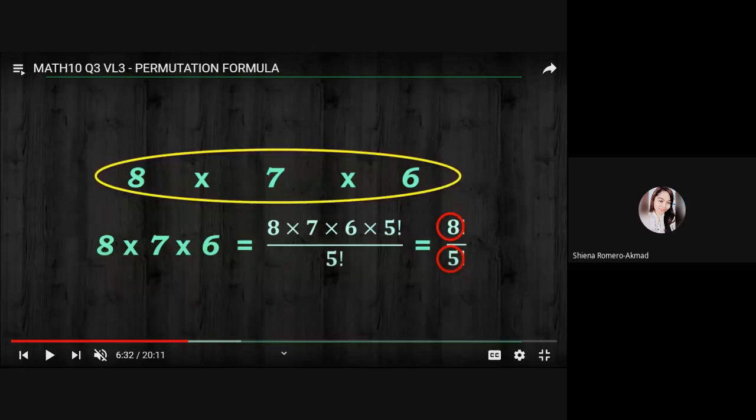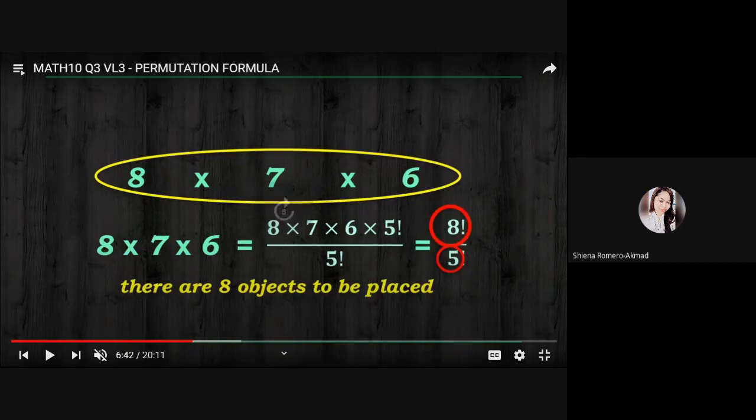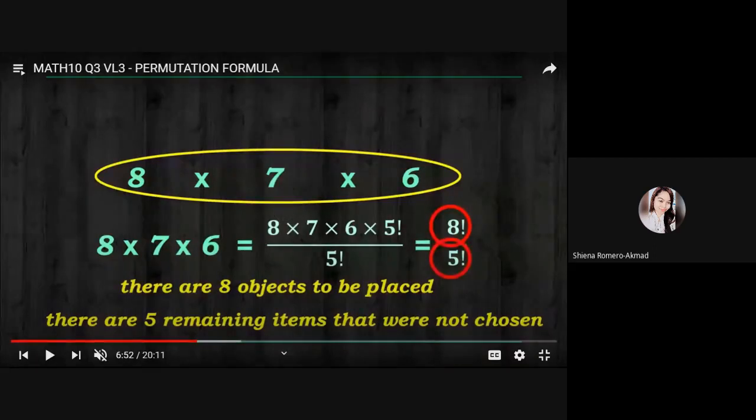Now, there are 8 items to be placed, and of course, there are 5 remaining items that were not chosen because there are 3 boxes only. So we can say that n here is 8 and r is 3.